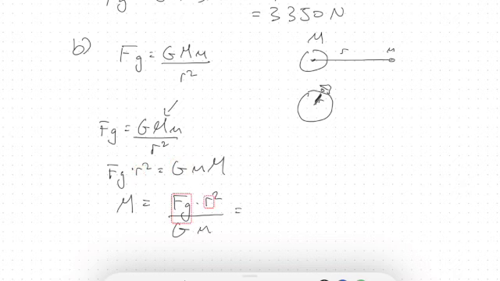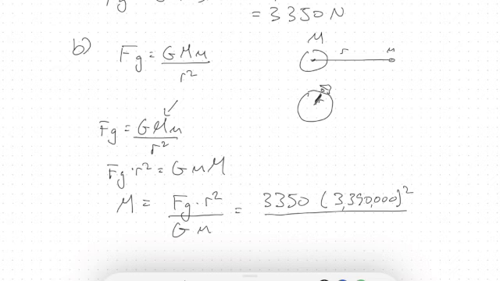So Fg is what we calculated in the last one, 3350. R squared is given in the equation, 3,390 kilometers. Guess what? We've got to put that into meters. 3 million squared meters.